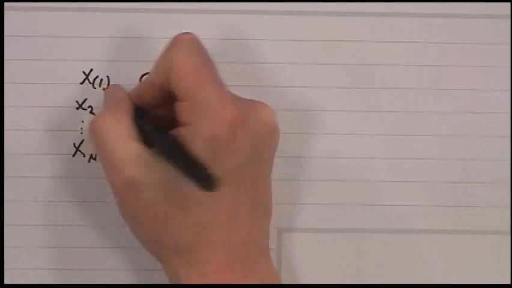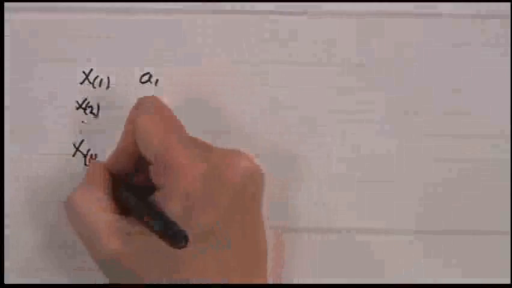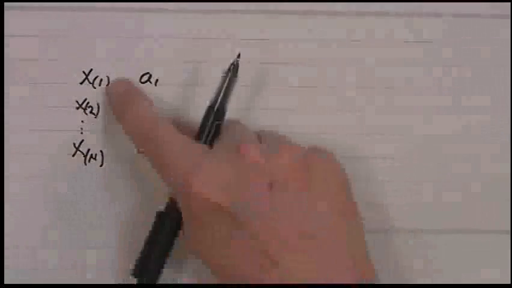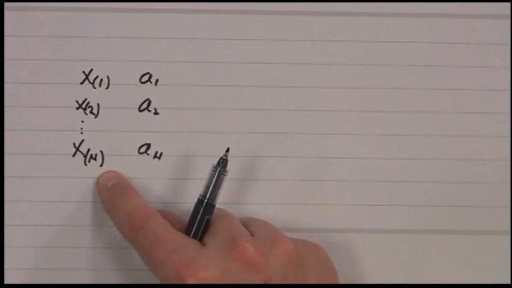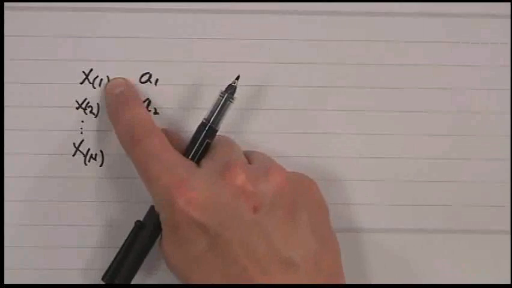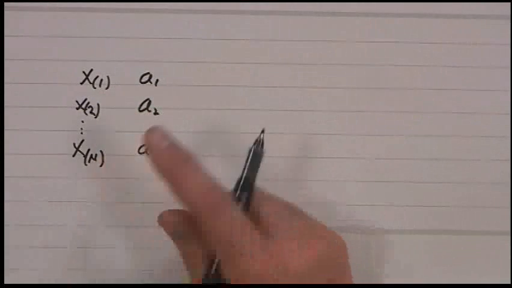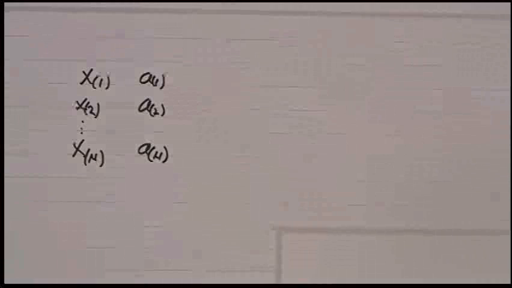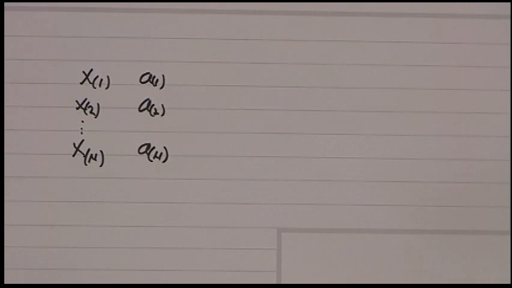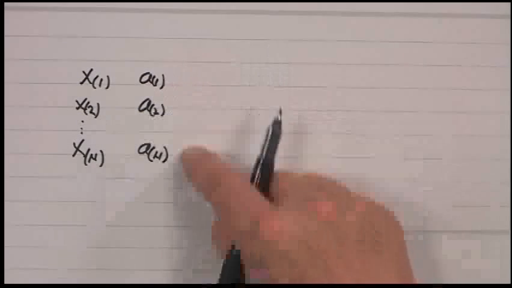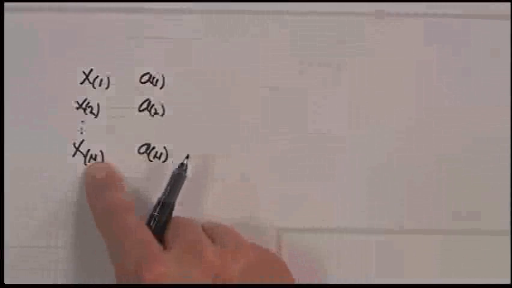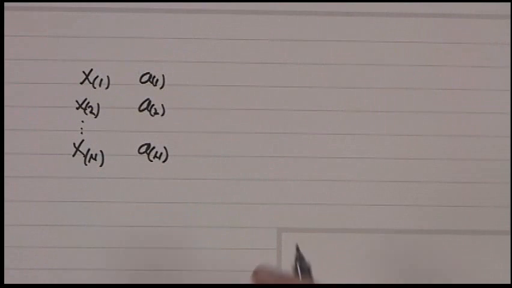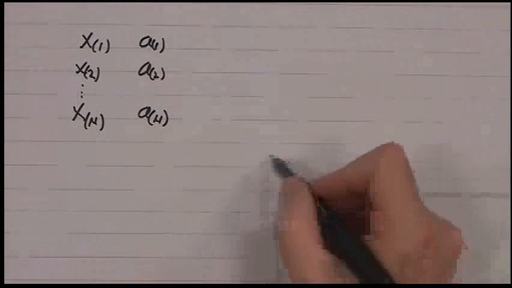So I'm going to put some parentheses here. The parentheses mean that I've resorted them. I did a permutation on them so that the x's are ordered. And whatever permutation I use, I use the same permutation on the a's. So the a's are not ordered, the x's are ordered. Now what I do is I take the a's and I have a scale.